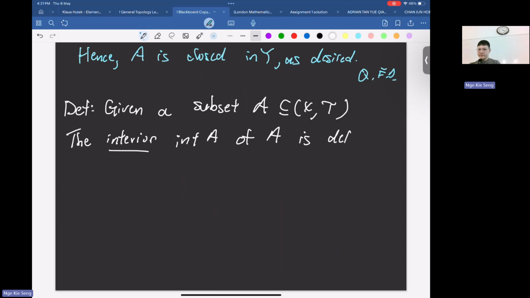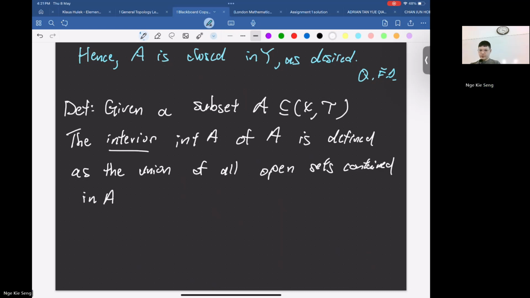In this case, we will define it as the union of all open sets contained in A. Sometimes we say open set in A also, so don't be confused.